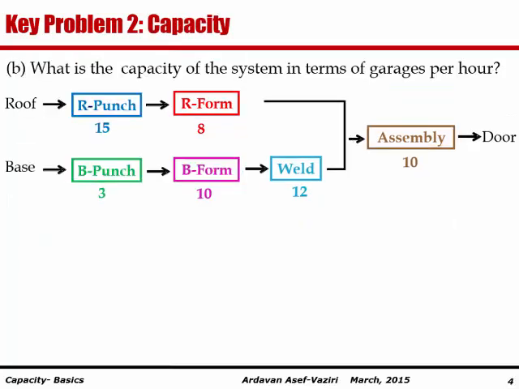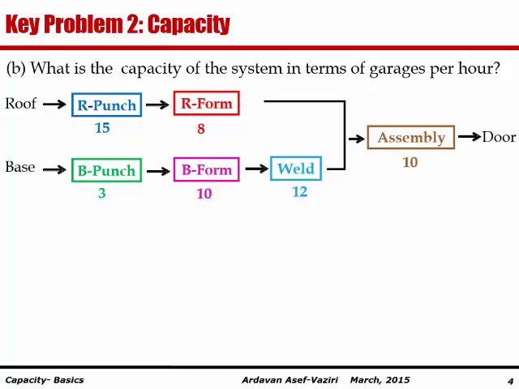Now, if we have a process like this, where activities cannot be broken down into smaller pieces, they are what they are. Activity R punch is 15 minutes. Activity R punch has been allocated to resource R punch, which is a combination of human and capital resources. Activity R form is 8 minutes.